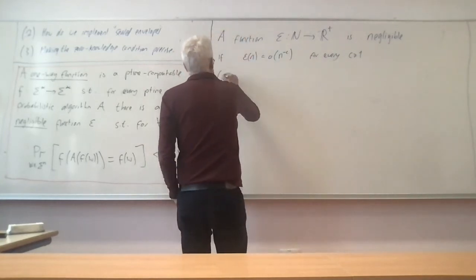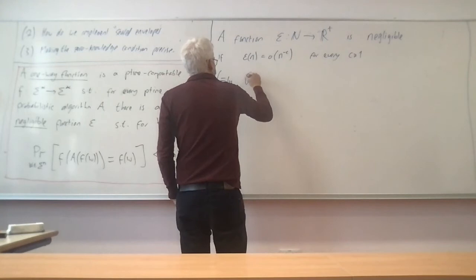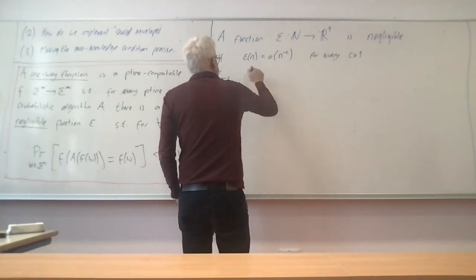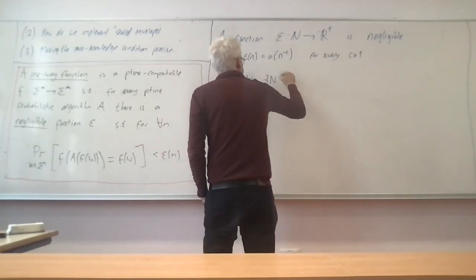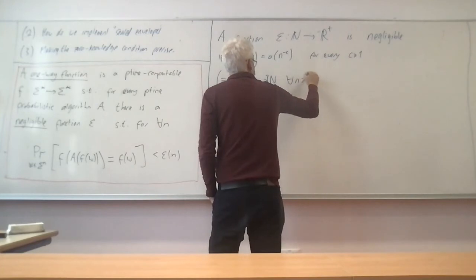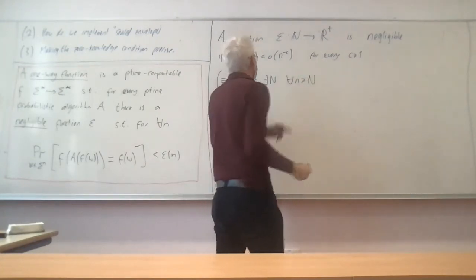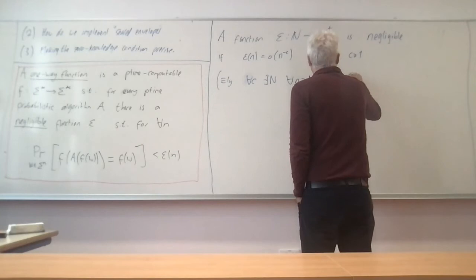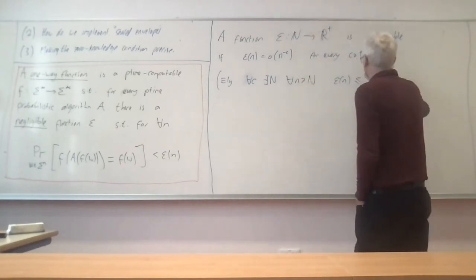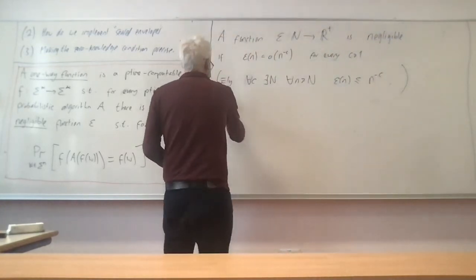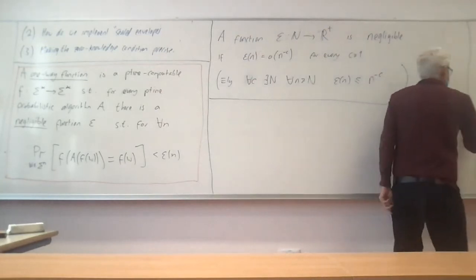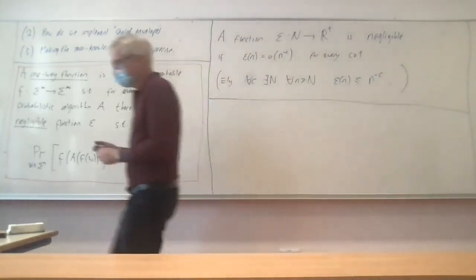So equivalently, for all c, there exists an n-naught such that for all n greater than or equal to n-naught, epsilon of n is less than or equal to n to the minus c. Anyway, the point is the function shrinks to 0 very, very quickly.